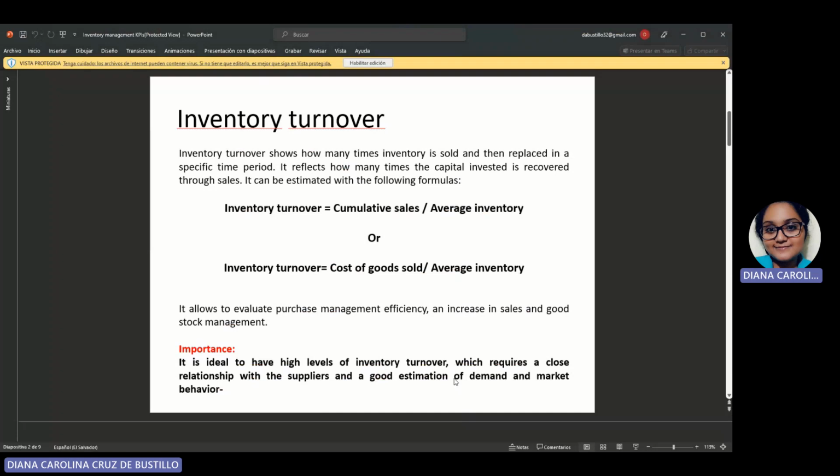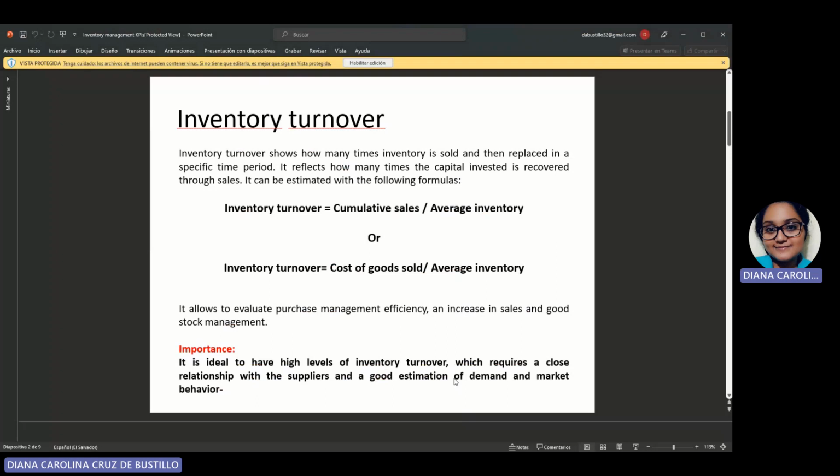All right. So inventory turnover pretty much allows you to know how many times inventory is sold and replaced in a specific time period. In Spanish, this KPI is rotación de inventario, right? This KPI reflects how many times the money that you have invested is recovered through sales.